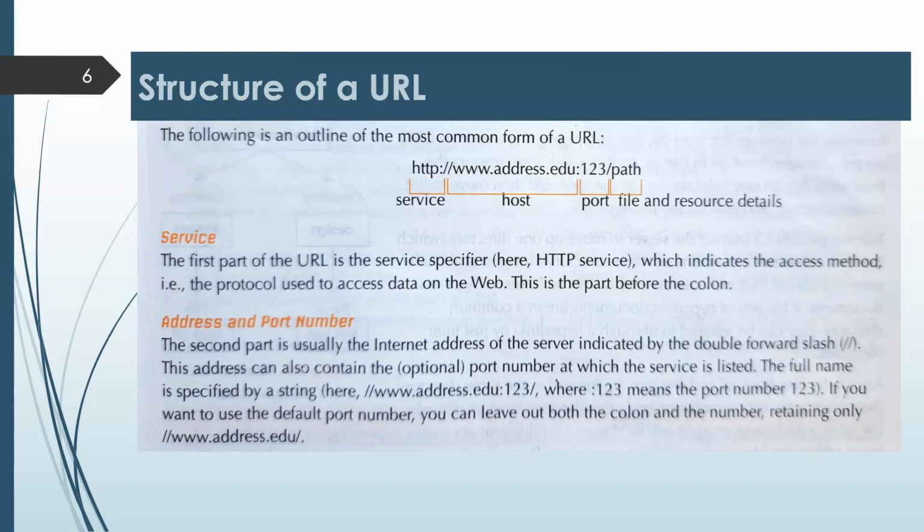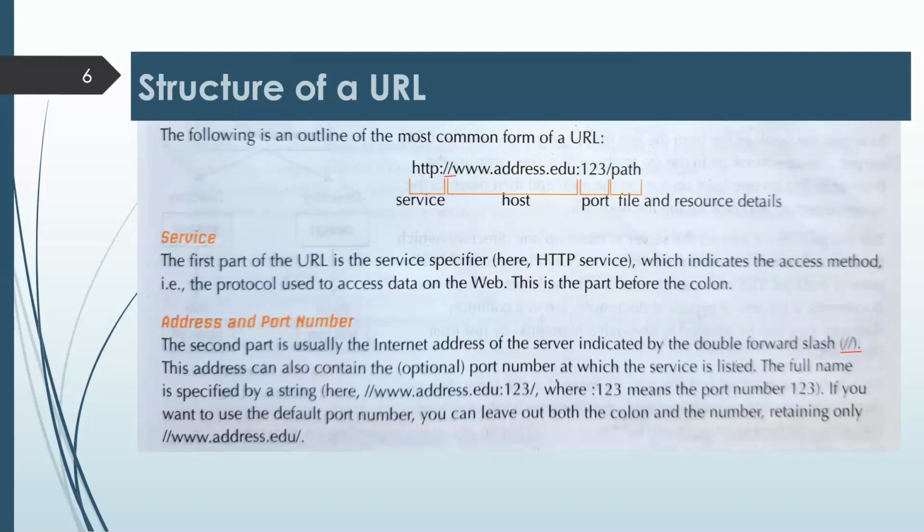The second part is usually the internet address of the server, indicated by the double forward slash. This address can also contain the optional port number at which the service is listening.